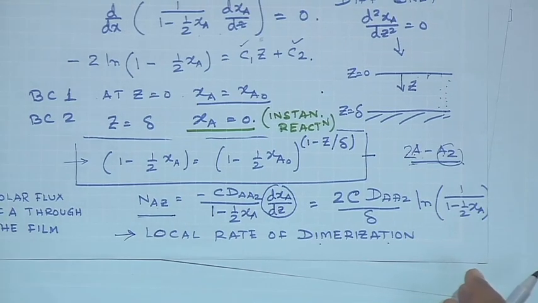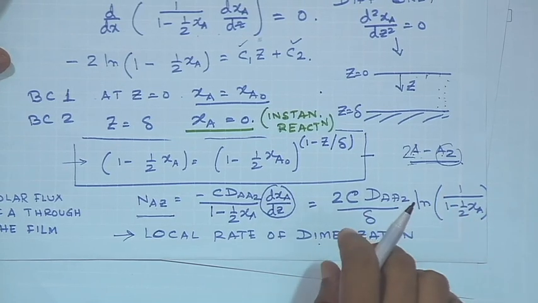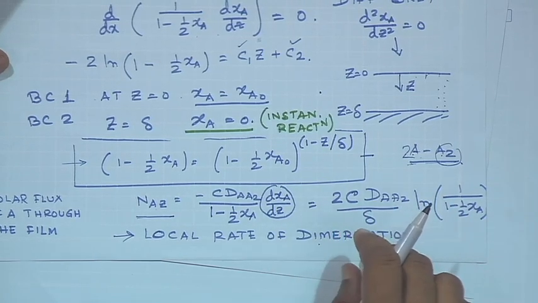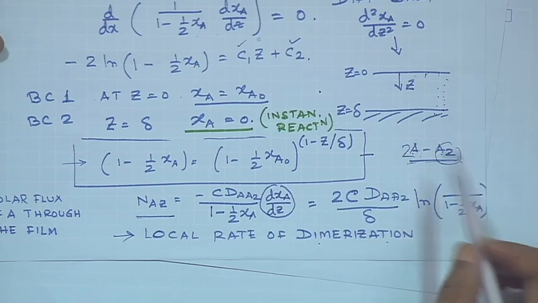So, this is a concrete example of what happens when we have a reaction that is taking place on a catalyst surface, a heterogeneous reaction. A slight variation to this problem can be given if, instead of an instantaneous reaction, it is a slow reaction, that is the rate constant for the conversion of A to A2 is not infinite, it is finite.